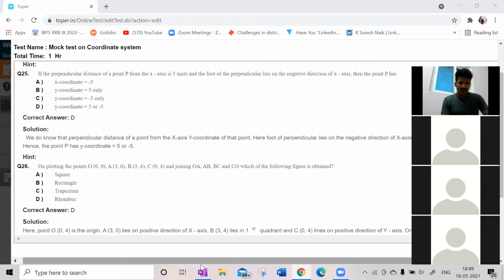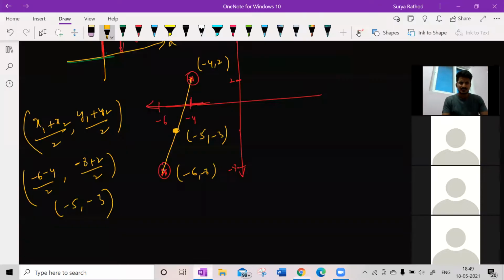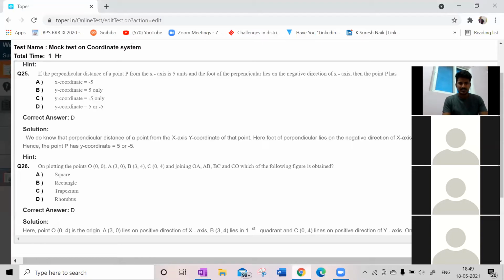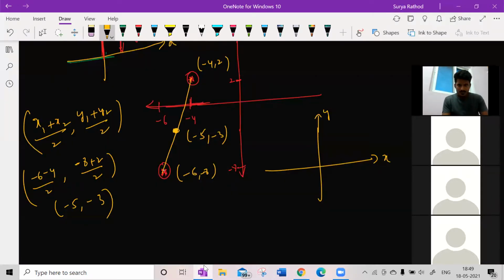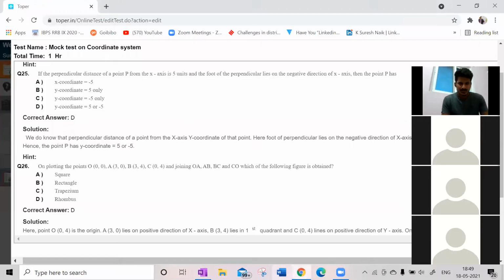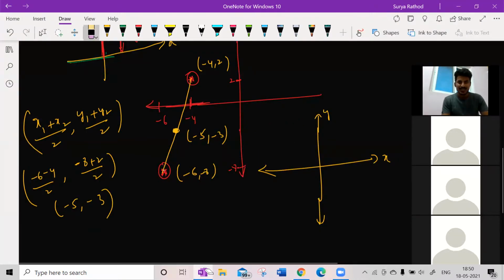Let us draw it like this. The perpendicular distance of point P from the x-axis is 5 units, and the foot of the perpendicular lies in the negative direction of x-axis, so it will be here.